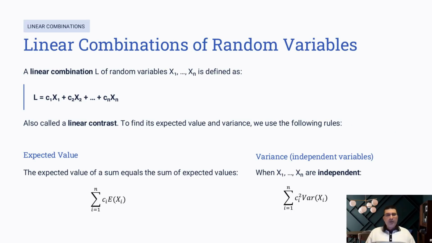Now, stepping back a bit, there's another important idea: linear combinations. If you take several random variables and combine them, like adding them together with different weights, you get something called a linear combination. The expected value of that combination is just the weighted sum of the individual means. And if the variables are independent, the variance is the sum of the weighted variances.